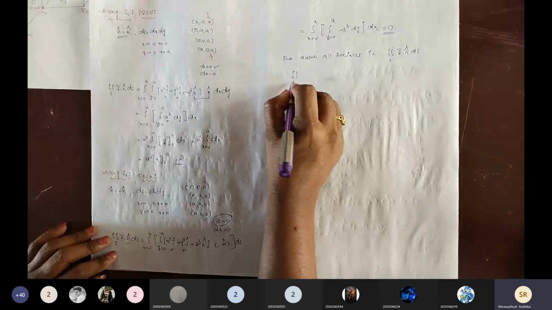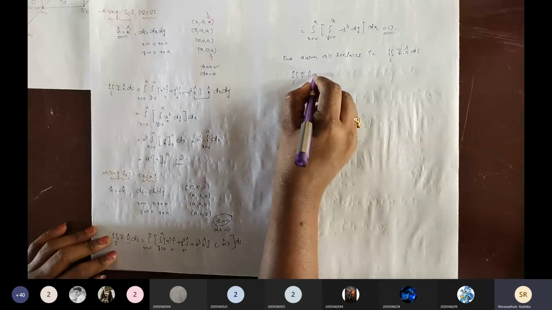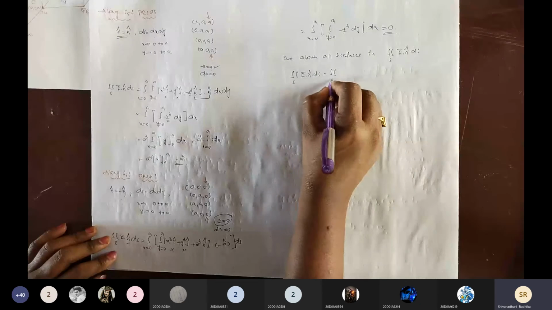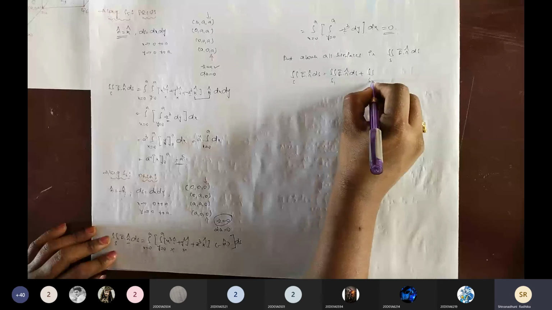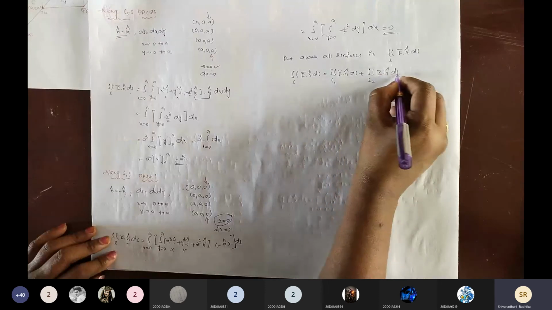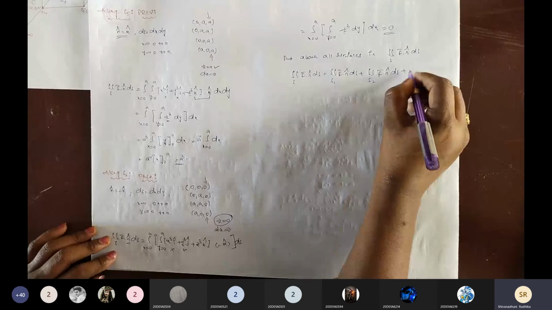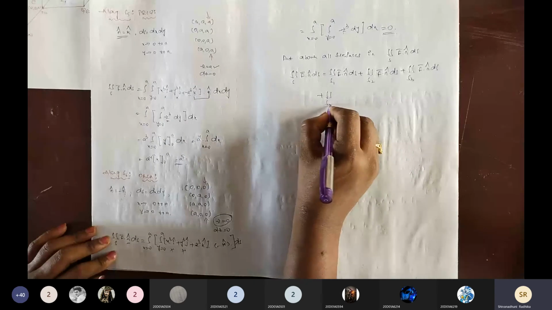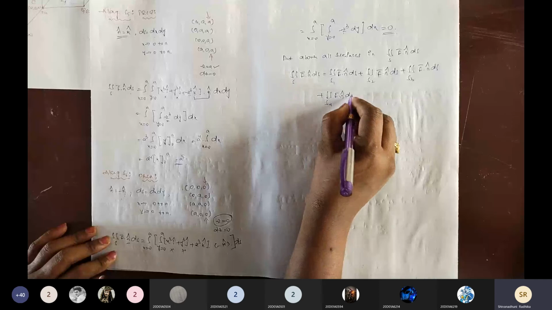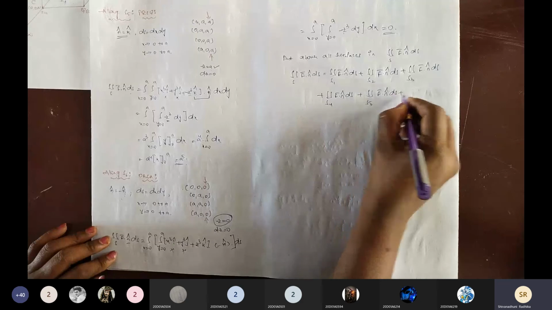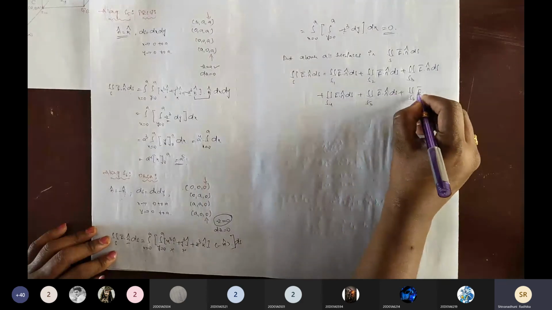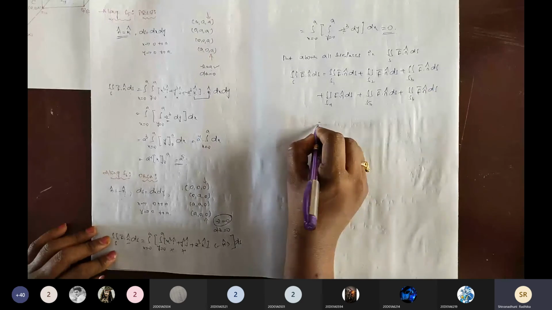That means the double integration over S of f bar dot n cap ds equals the double integration over S1 of f bar dot n cap ds plus the double integration over S2, plus S3, plus S4, plus S5, plus the double integration over S6 of f bar dot n cap ds. All surfaces we are going to substitute now.